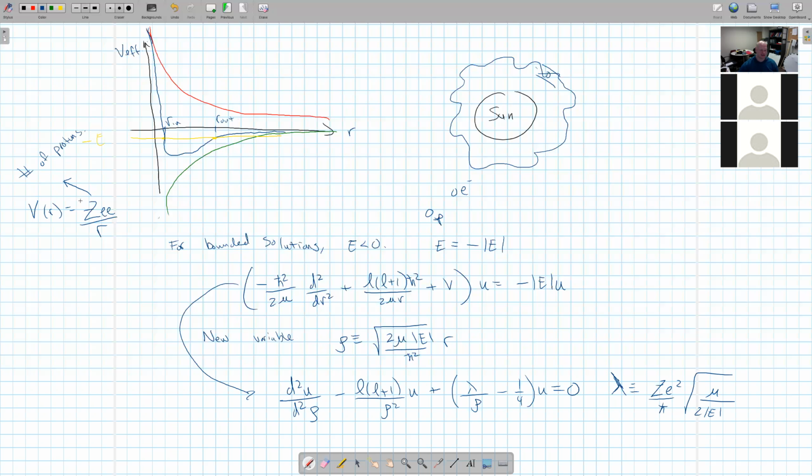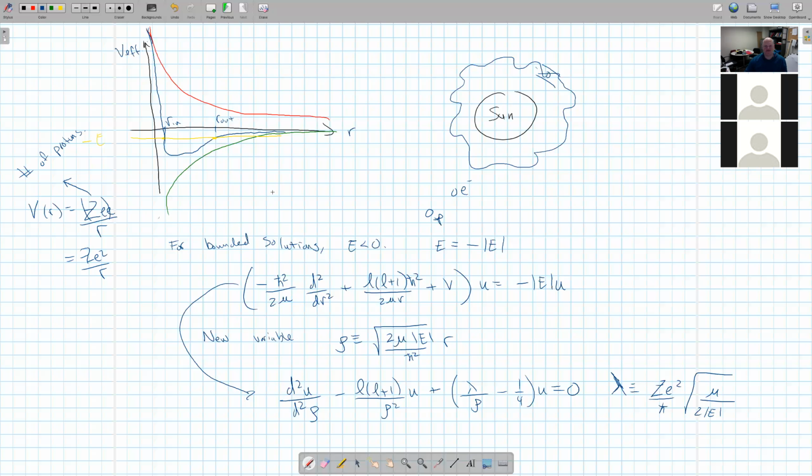So the charge of the nucleus is z times e, and the charge of the electron is also e. So that's why it's an e squared. So this is equal to z e squared over r. So I'm allowing for something other than just a hydrogen atom.